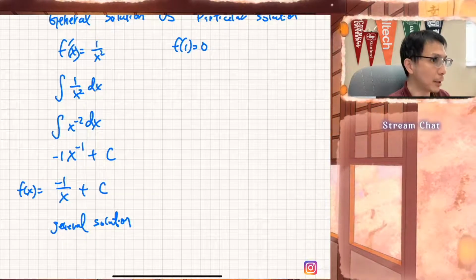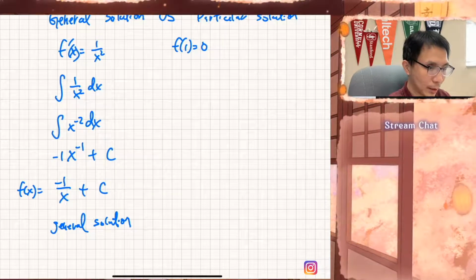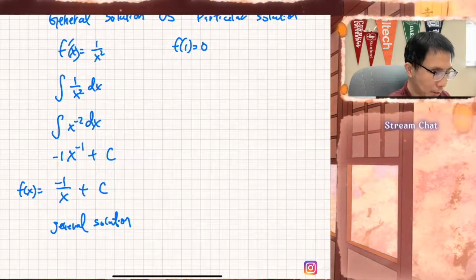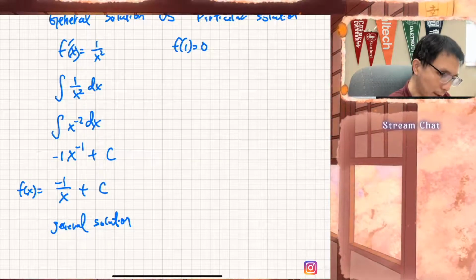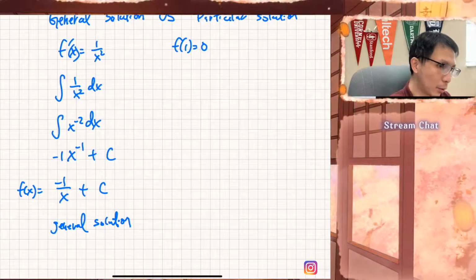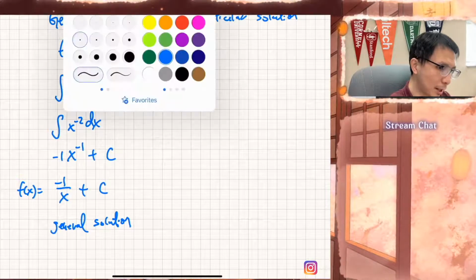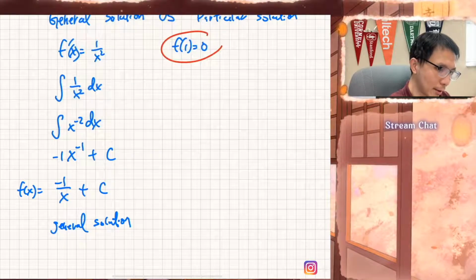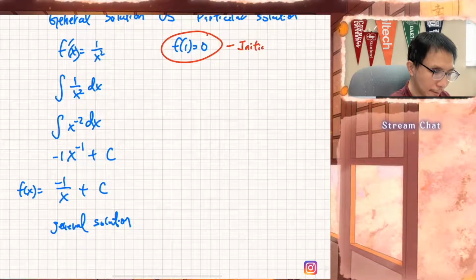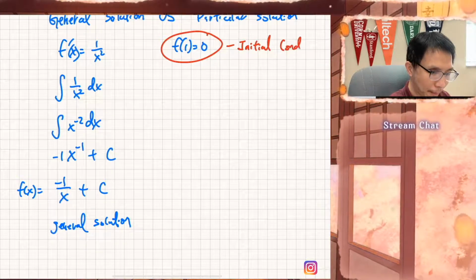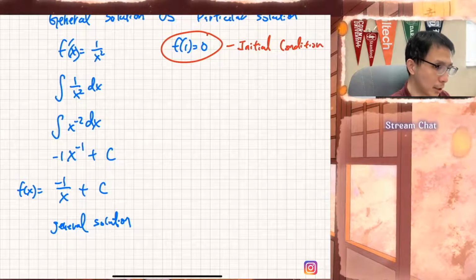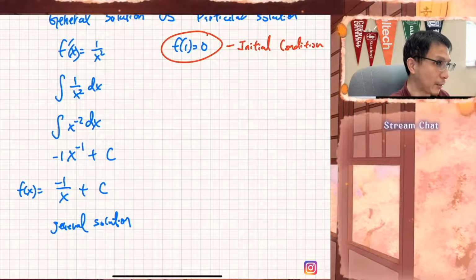But today we are learning something more. Well, f of x equals negative 1 over x plus c. What if I want to find c? Well, if you want to find c, you must have this. This is called an initial condition. That initial condition helps you find the value of c.